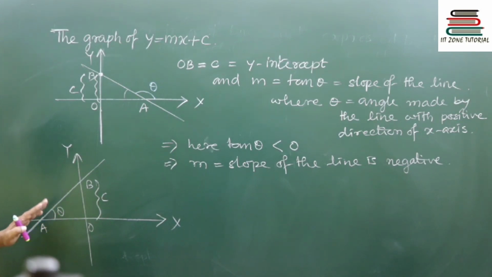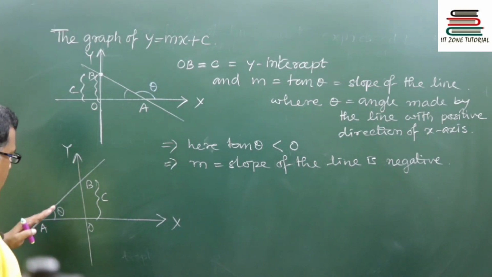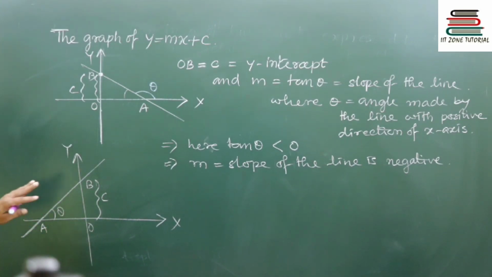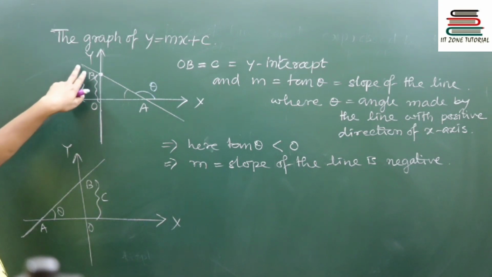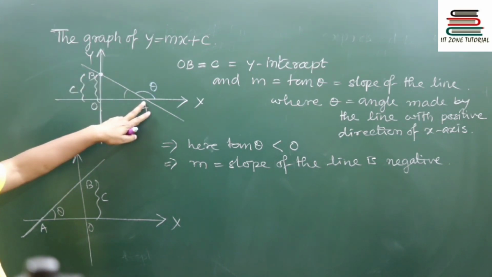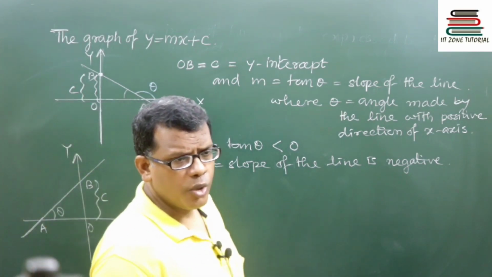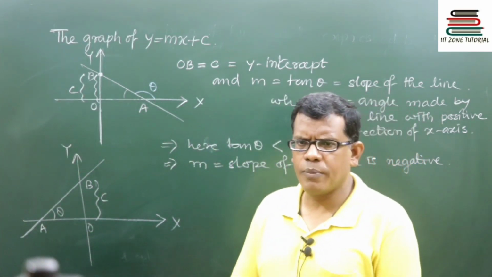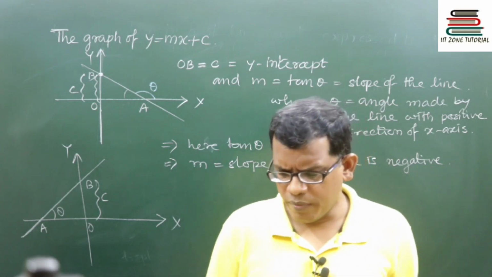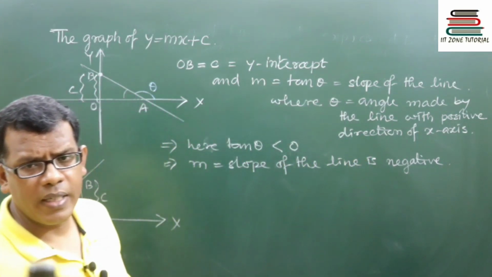Now the question arises: this tan theta being acute, theta will be less than 90, so tan theta is positive. The line previously was cutting the positive portion of the x axis, and this time it is cutting the negative portion of the x axis. Wherever it cuts, either on the positive part or the negative part of the x axis, it hardly matters.